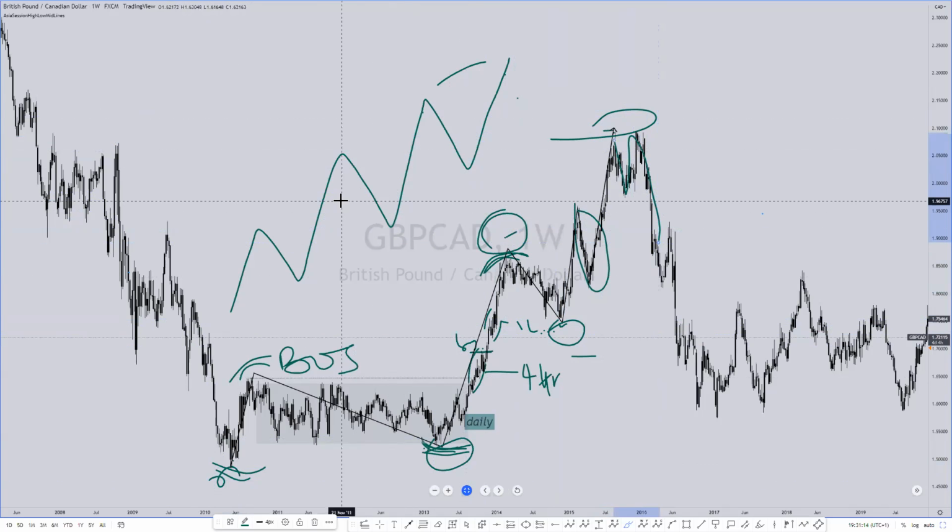So we have broken down our weekly structures and we've known what they are. So we start again from where we stopped.